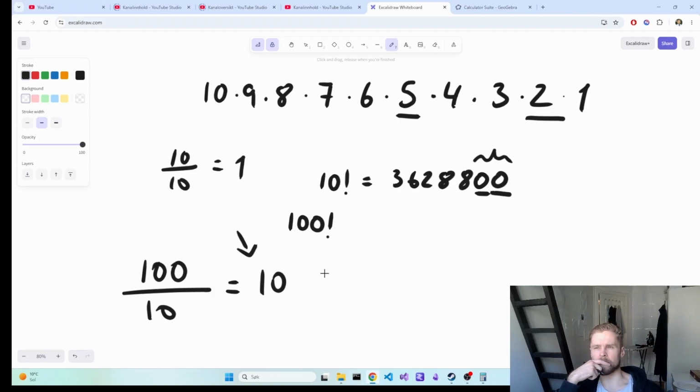And then what else can I create? What else would give me 10 perfectly that I haven't already used? It's gonna be 11, 12, 13, 14, 15. 15 times 2, but then I already used this 2 over there. Something times 5 can create 10s, but I already used my 5 over there. Is there nothing else that creates a 10? That 2, that 5?